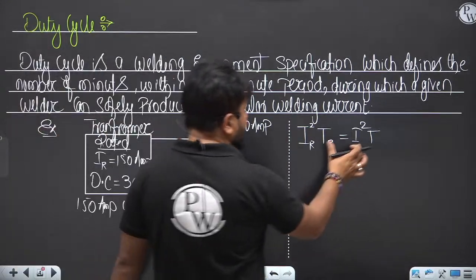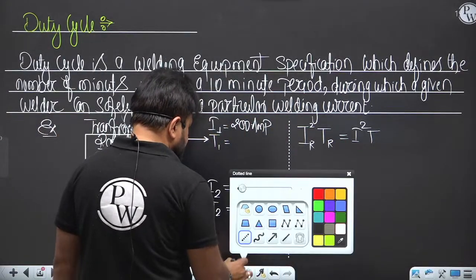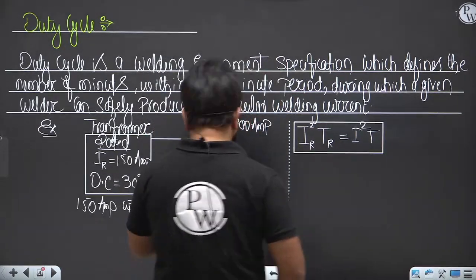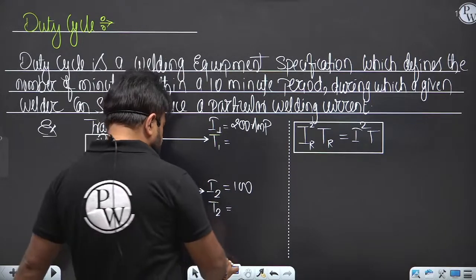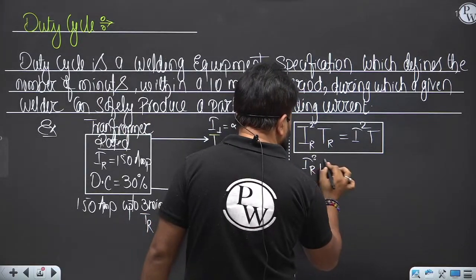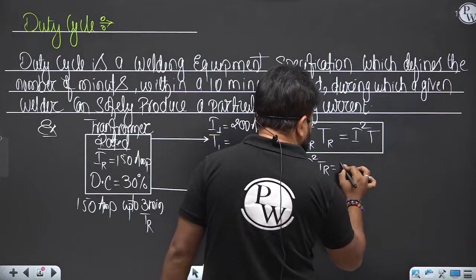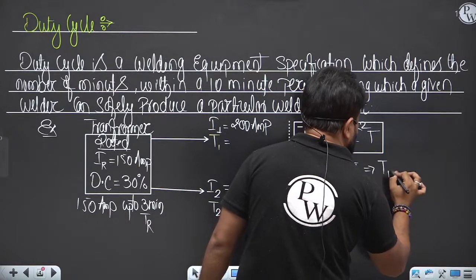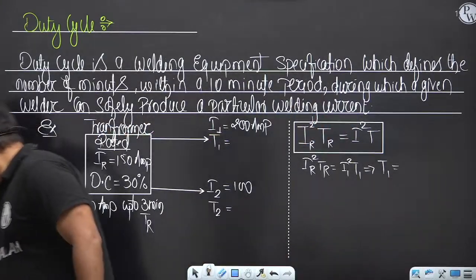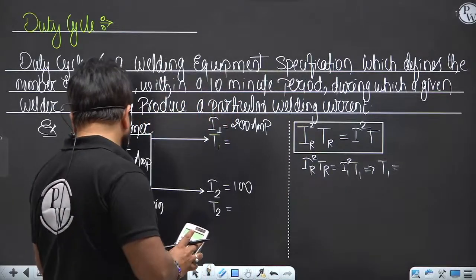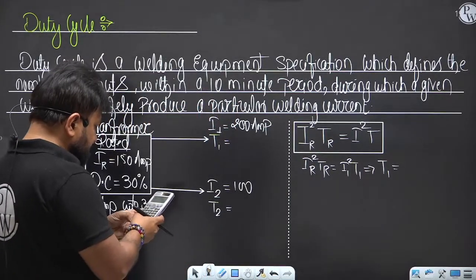So here you will get the desired value. I_R squared into T_R equals I1 squared into T1. Let's find the value of T1. IR is your rated current, 150 ampere.